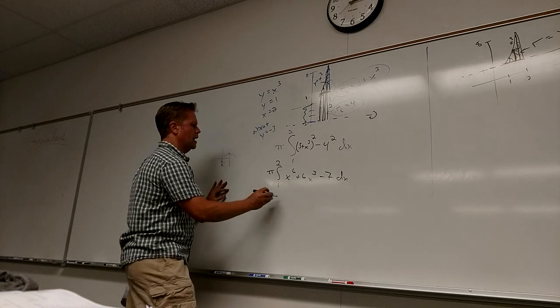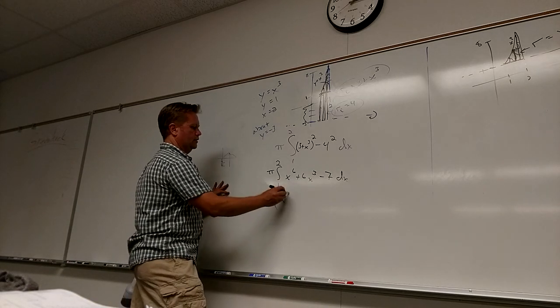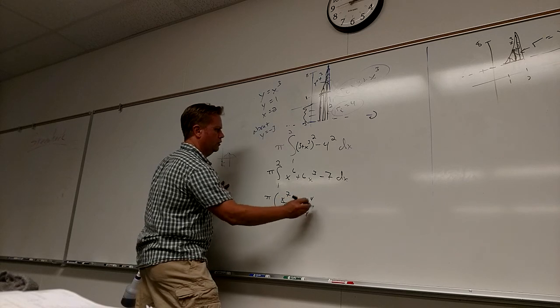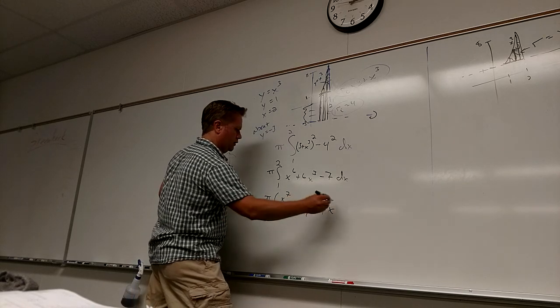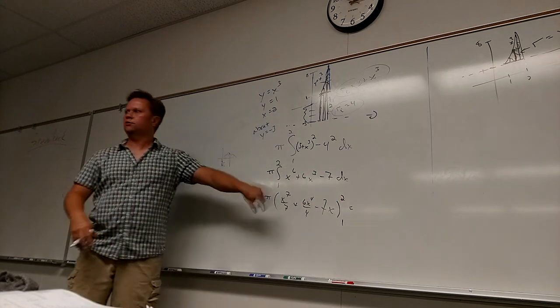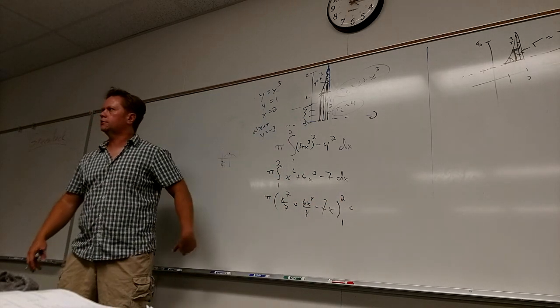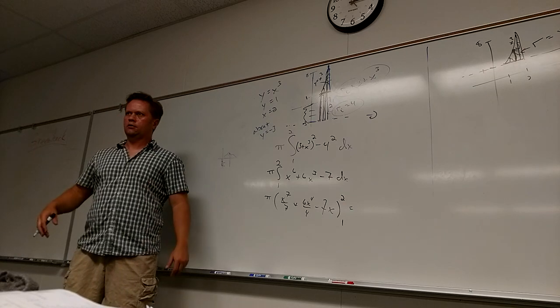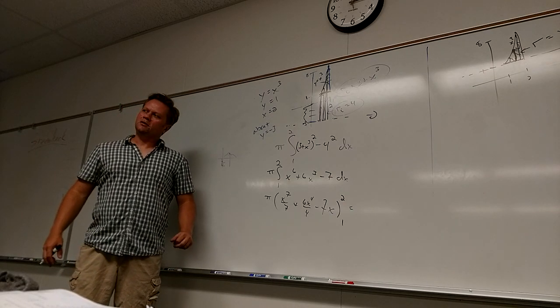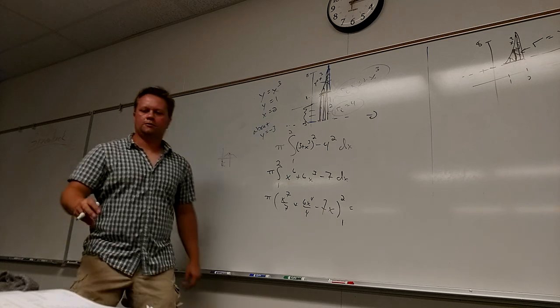So you get pi times x to the 7 over 7 plus 6x to the 4 over 4 minus 7x from 1 to 2. And now I don't want to do that. Just plug a 2 in there, plug a 1 in there, subtract it, and put a pi on it. Okay.